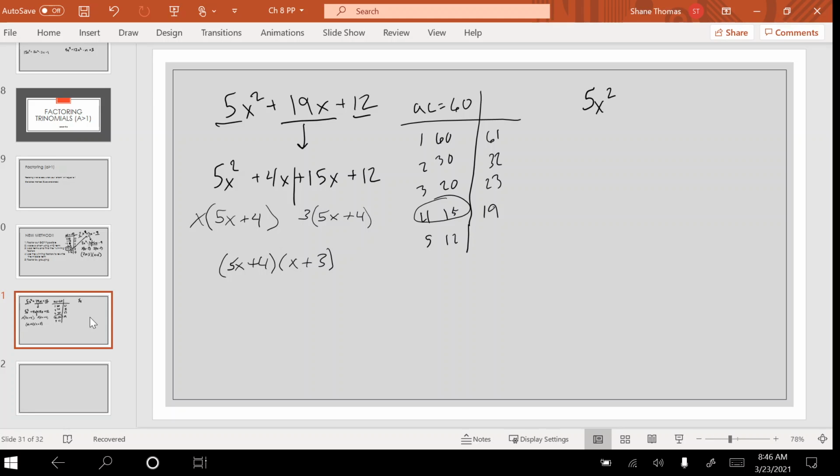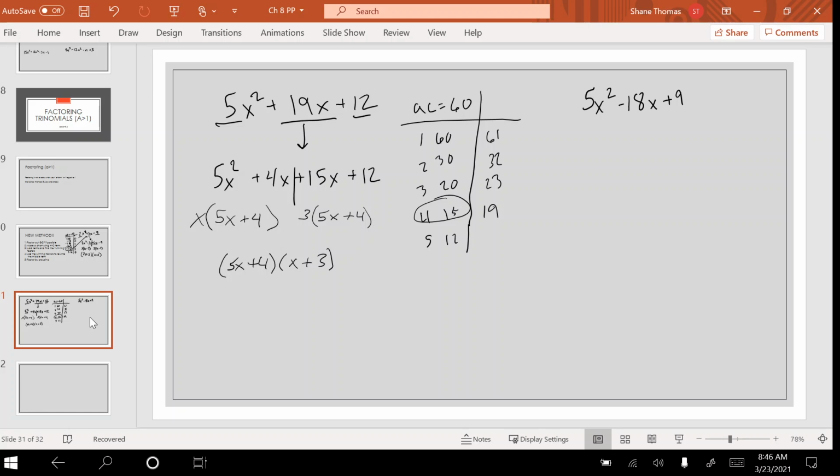5x squared minus 18x plus 9. Now, in this case, I got a minus plus, right? So, it's easy on me. My AC term is still going to be 5 times 9, and it's positive, right? I just have to keep in mind with the minus, anytime it's a minus plus, my answer is going to be minus minus.